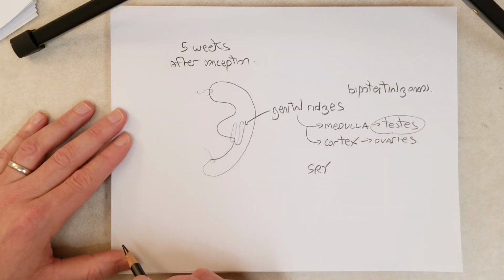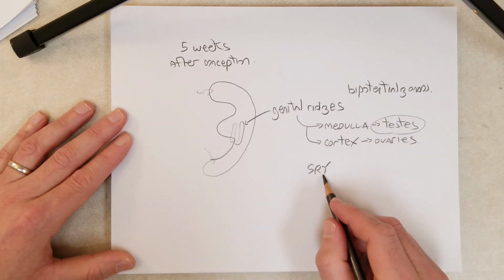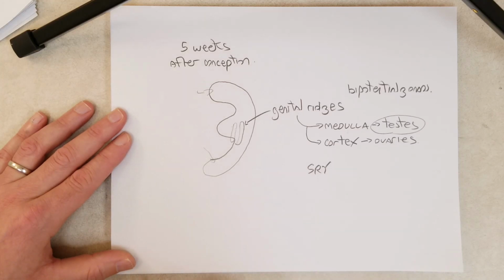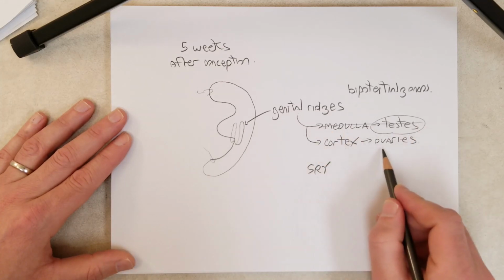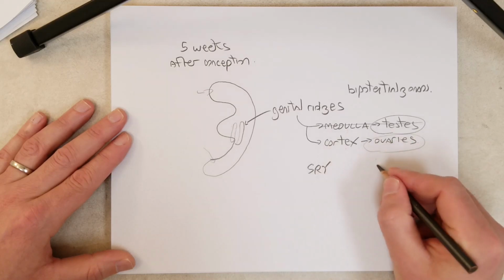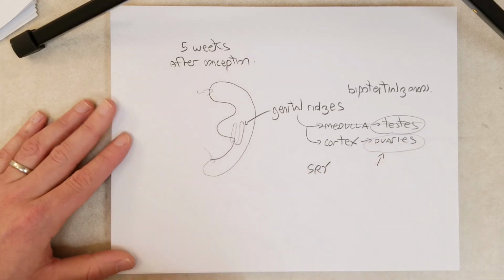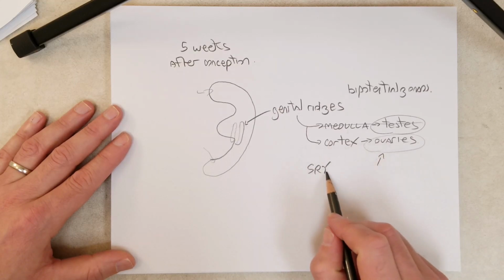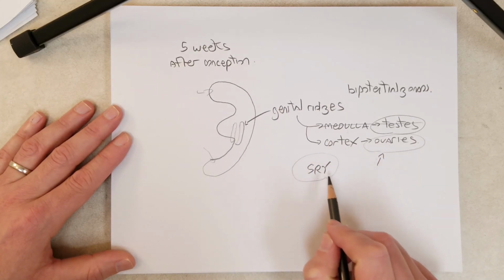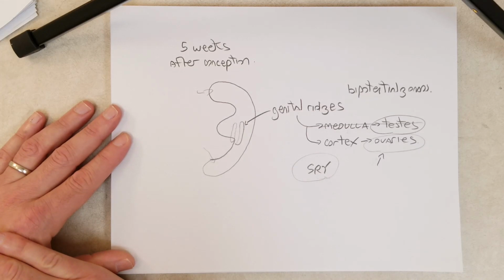If that gene is not present and this protein product, that transcriptional activator, is not present, what happens is the cortex will develop into ovaries. So we can consider ovary development as the default condition. The ovaries are going to develop unless this SRY signal is present at 5 weeks.